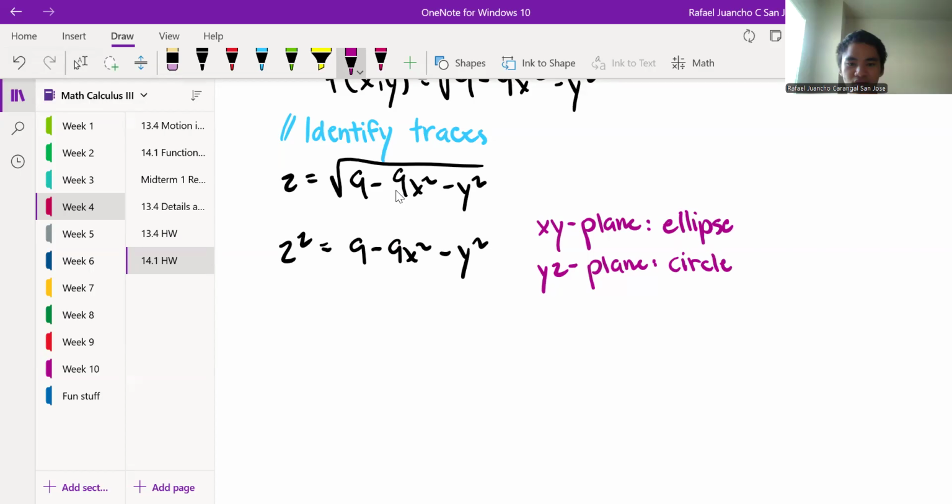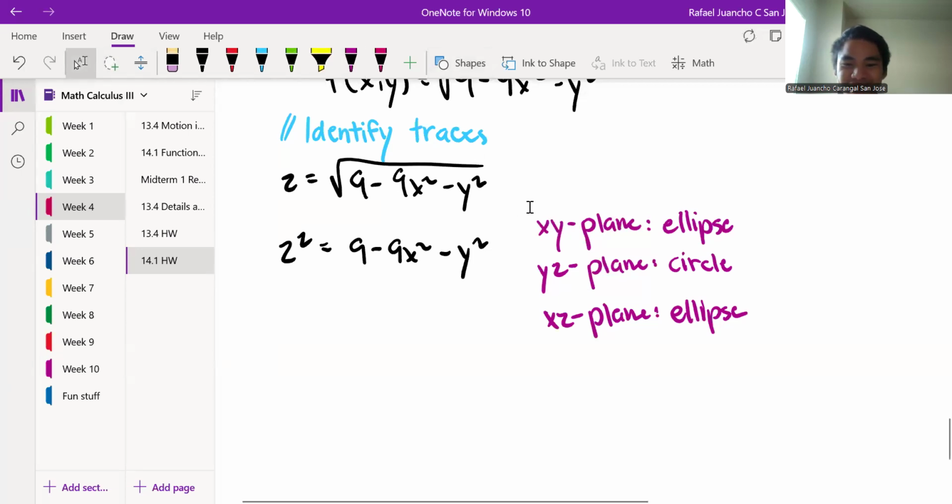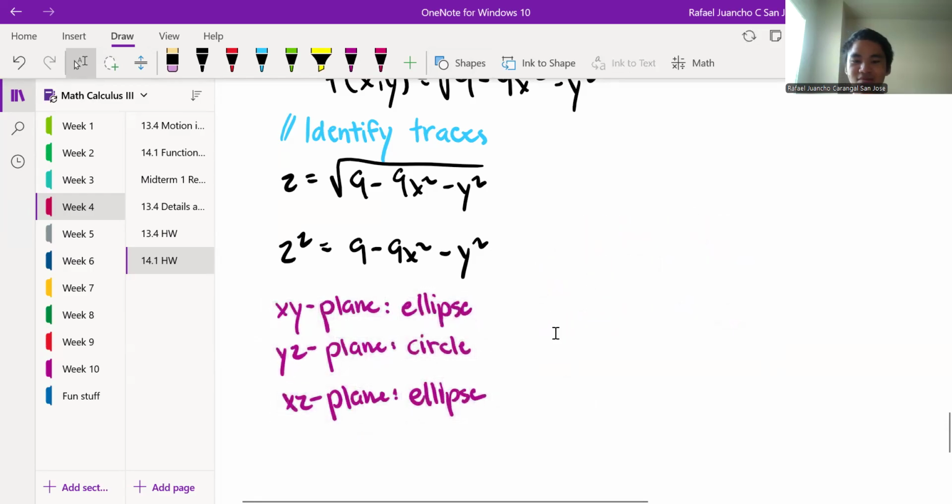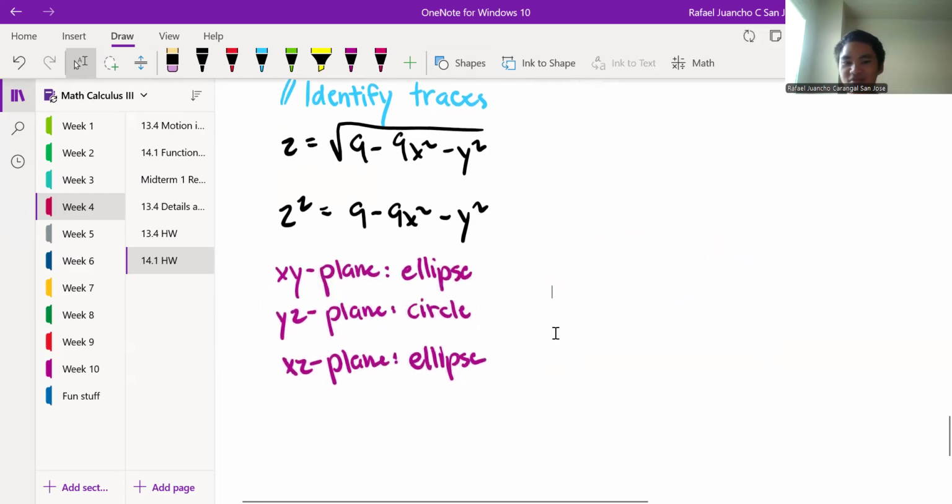Well, if I take out my y squared, oh, I have an ellipse again. So my x is the plane. Circular ellipsoid is that thing. But yeah, so I have an ellipse, I have a circle, I have an ellipse.